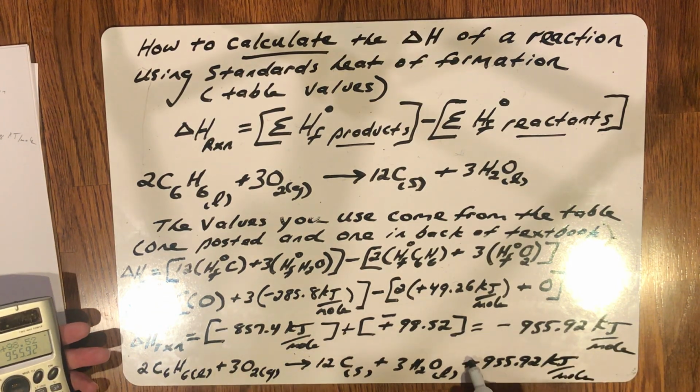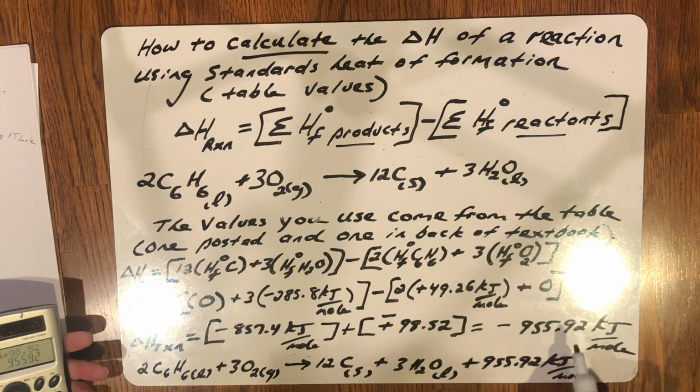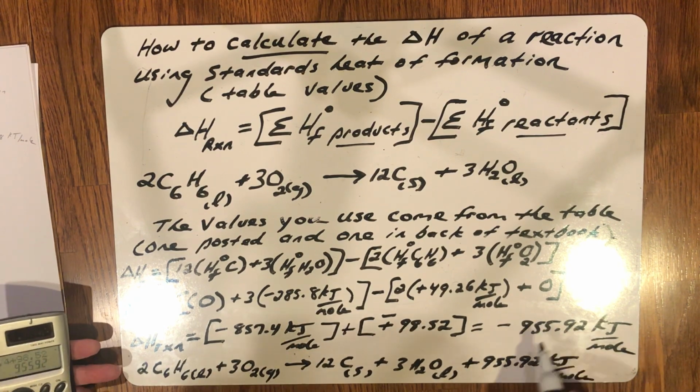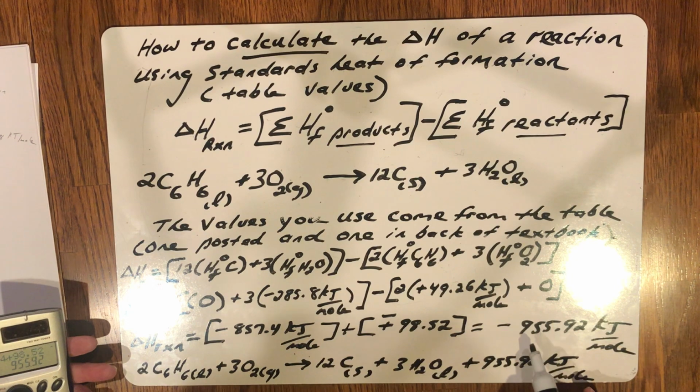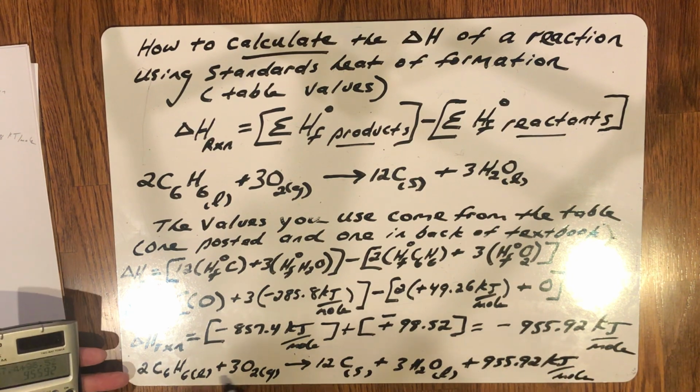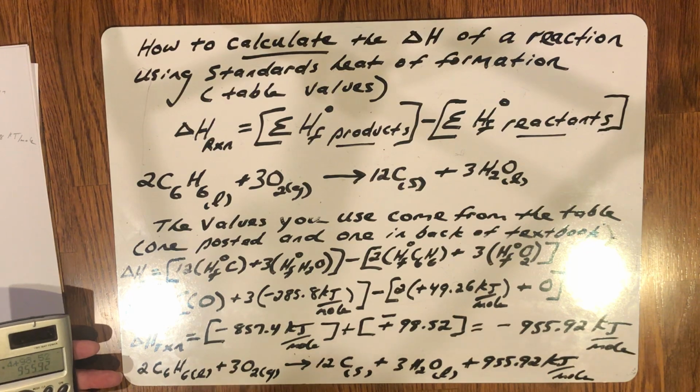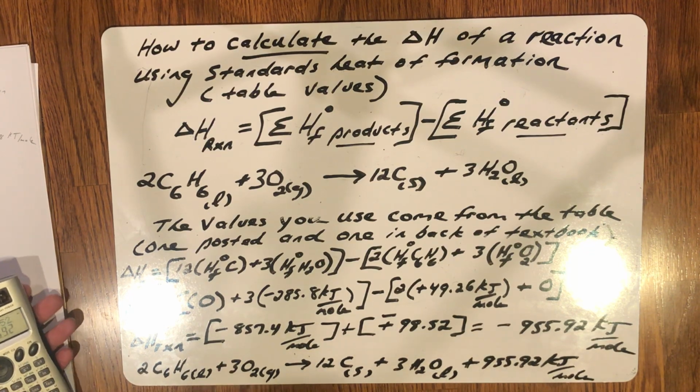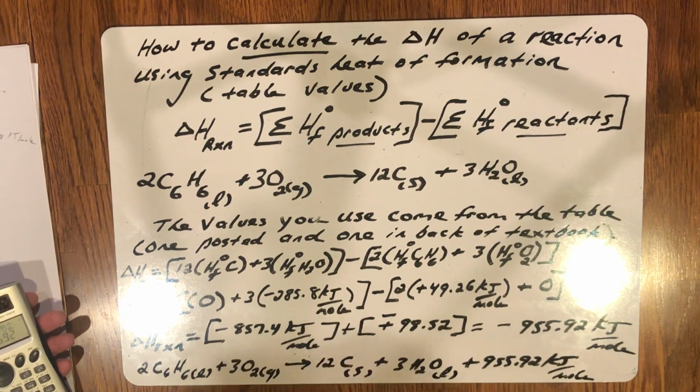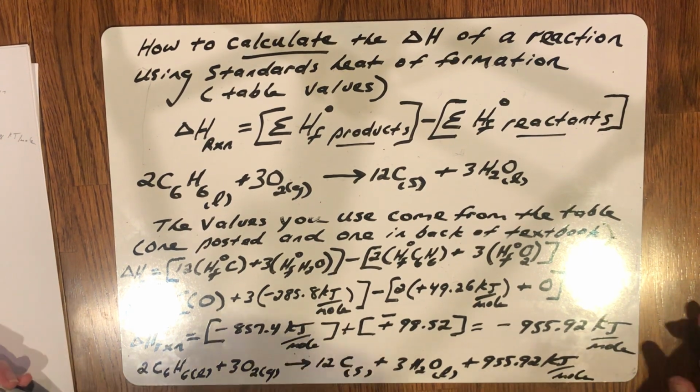So this is important to know. If it's showing as delta H, I would want to show it as a negative. If I'm showing it within the equation, I would include it on the product side. If I were to include it for an endothermic reaction, then the energy term would be on the opposite side. I hope that helps.